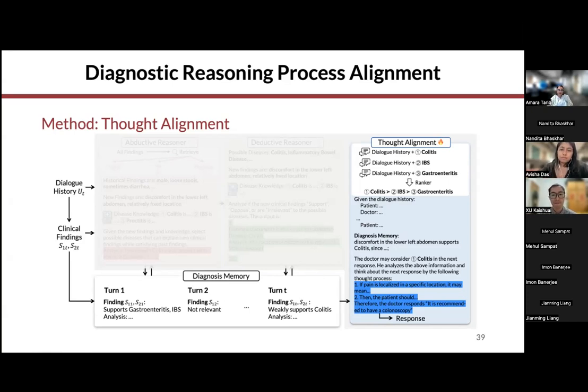Okay, so do you have any evaluation to make sure the steps of the thought process really align with current medical knowledge, not only that individual statements are correct, but that the steps are correct? It is not done actually.